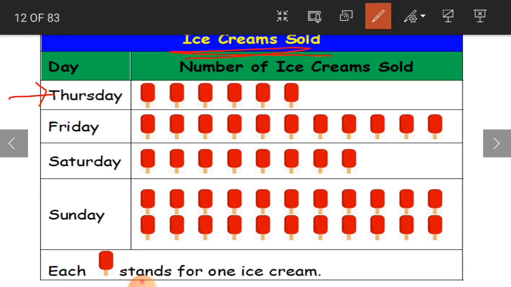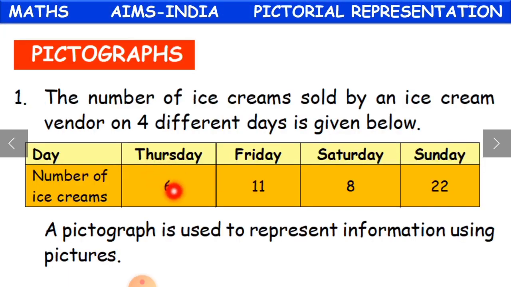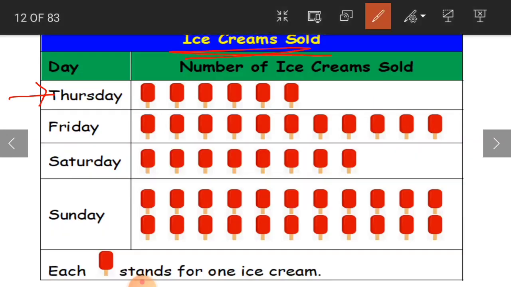The first day is Thursday. So on Thursday, how many ice creams were sold, children? 6 ice creams were sold. So we are using 1, 2, 3, 4, 5, 6 ice creams here. Understood? On Thursday, 6 ice creams were sold. So we have drawn 6 ice creams.